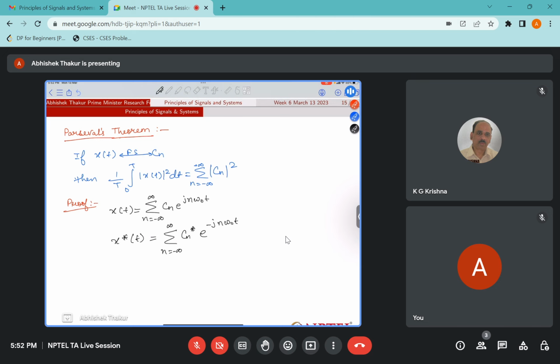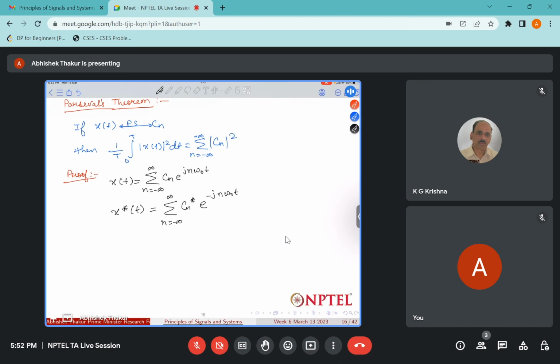Now we will find the integral on the left hand side: 1 by T integral from 0 to T of mod x(t) squared dt.